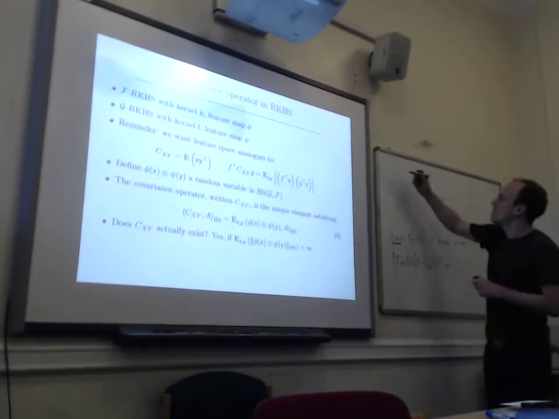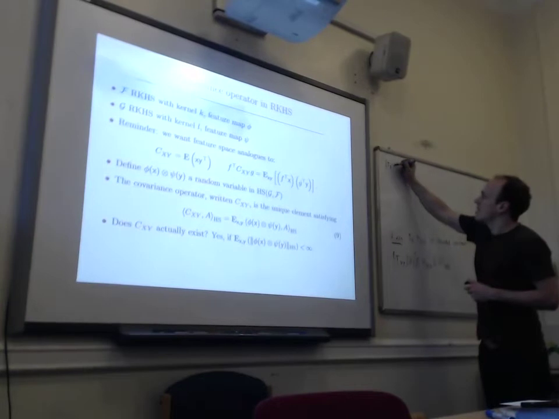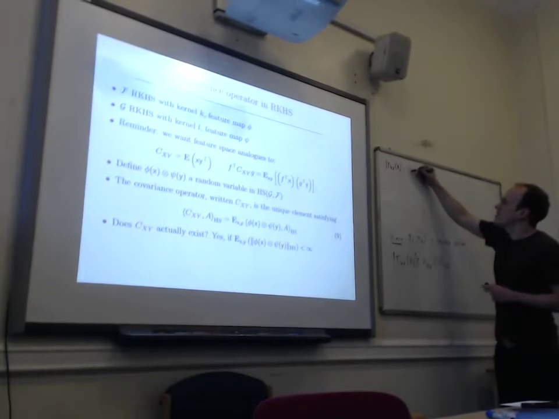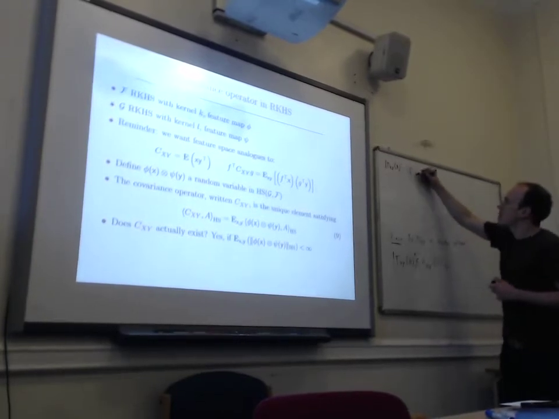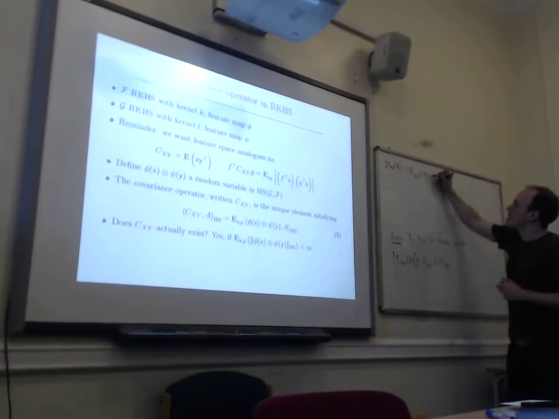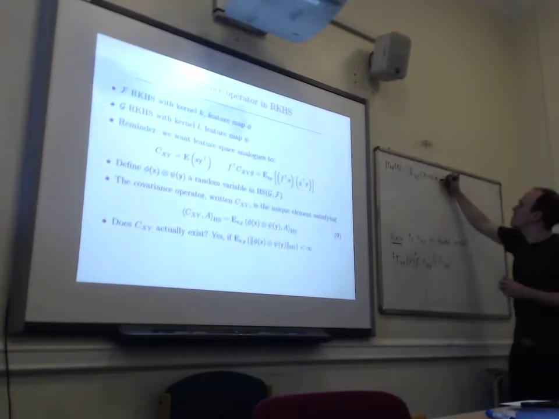Let's write down T_xy acting on the operator A, which is equal to the absolute value of the expectation of the inner product of x tensor y with A. Actually, I'll use a different feature space for y, but this is not important.